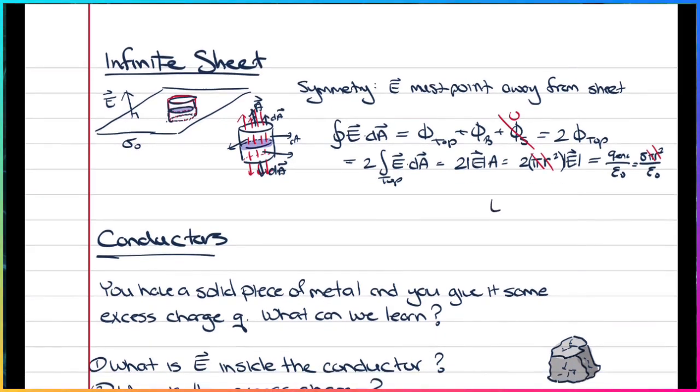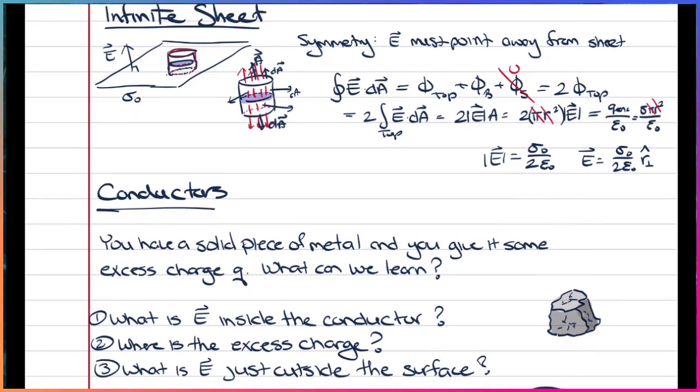And at the end of the day, you got that the electric field is going to be sigma over 2 epsilon naught. And you can make this a vector again, because we argued that it should point away from the sheet. So I'll use r perp to be away from the sheet if it's a positive charge density. Negative charge density points toward the sheet.